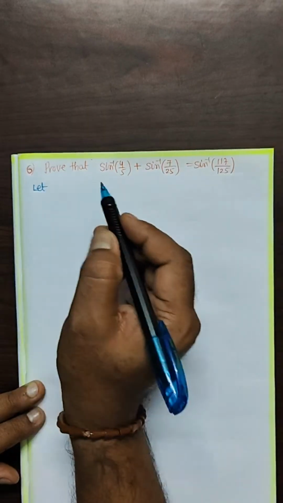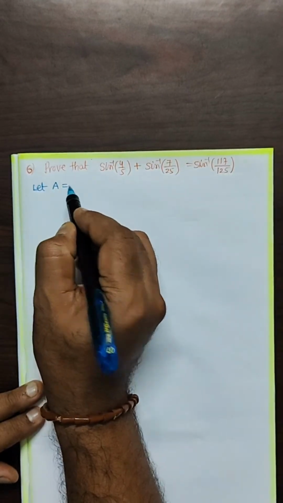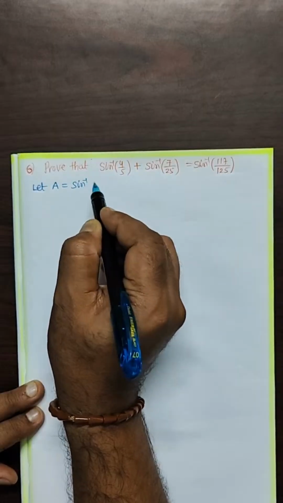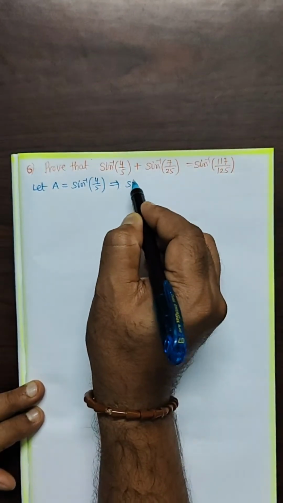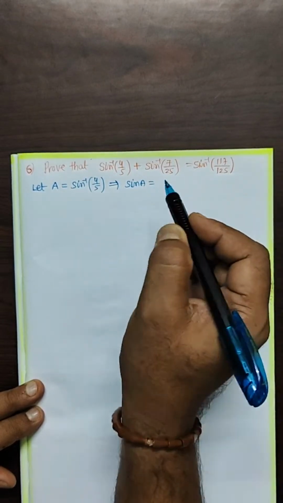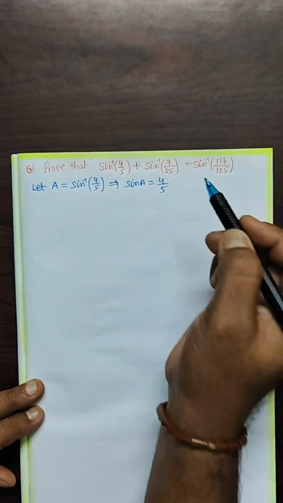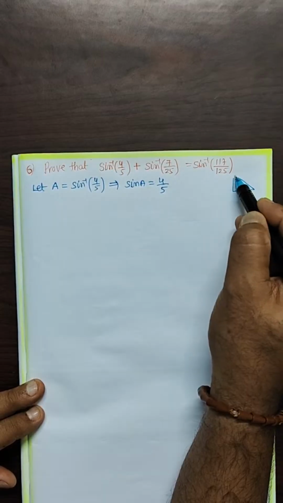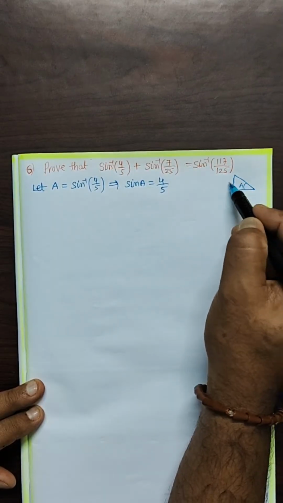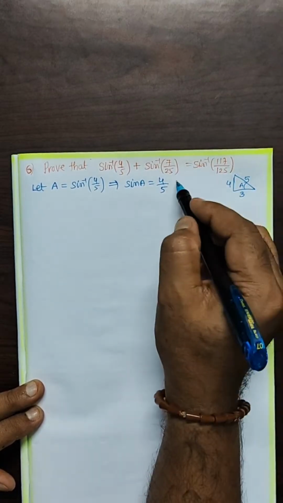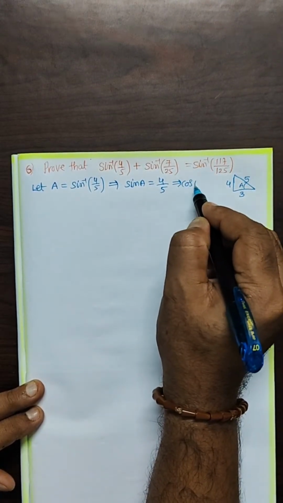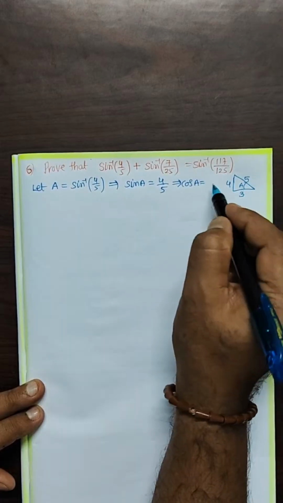Let a is equal to sine inverse of 4 by 5. That implies sine a is equal to 4 by 5. So in a right angled triangle, here angle a, sine definition is opposite by hypotenuse, and the adjacent is 3. So from this, cos a is equal to how much, dear students? 3 by 5.